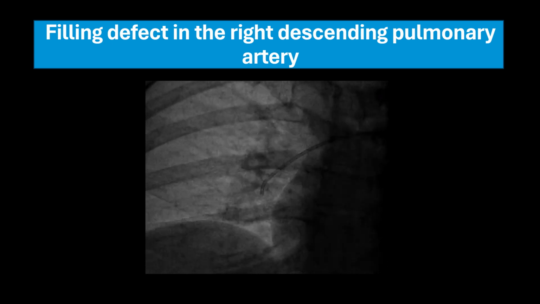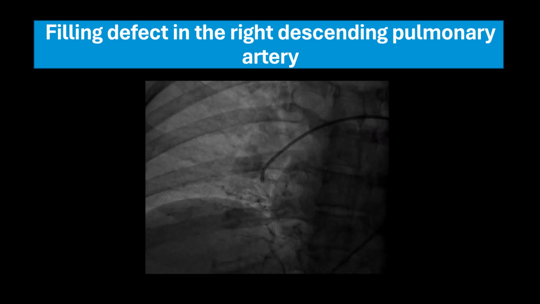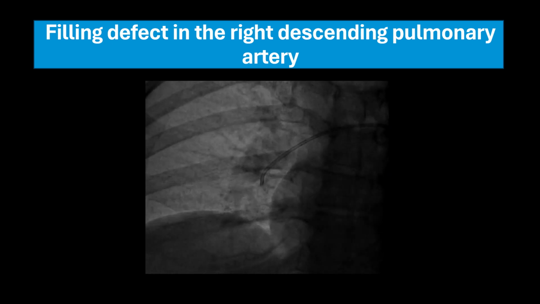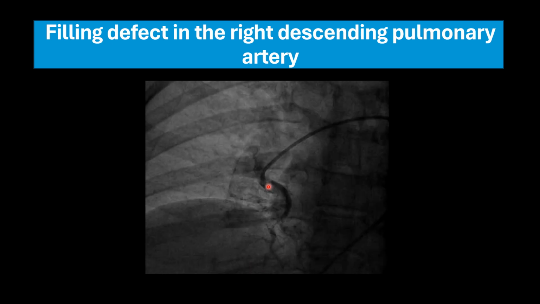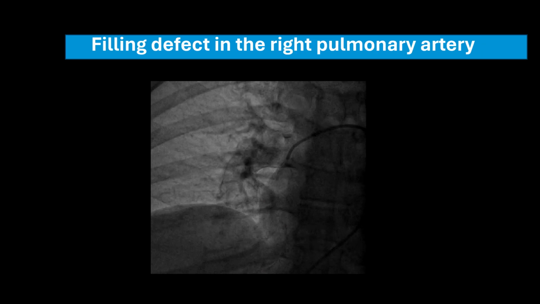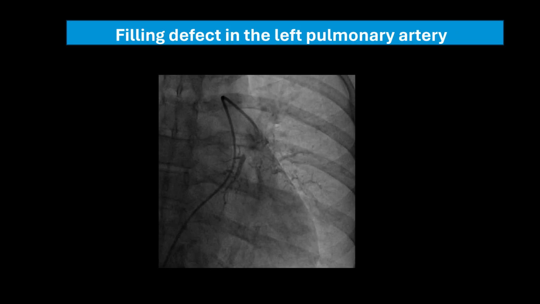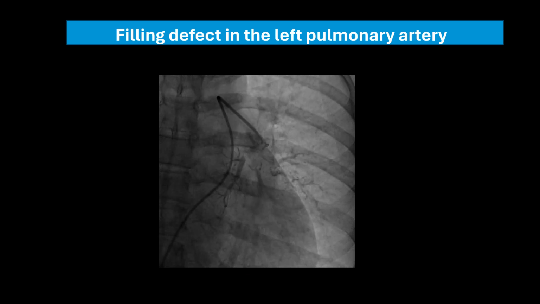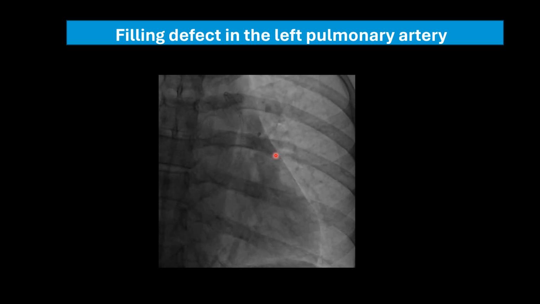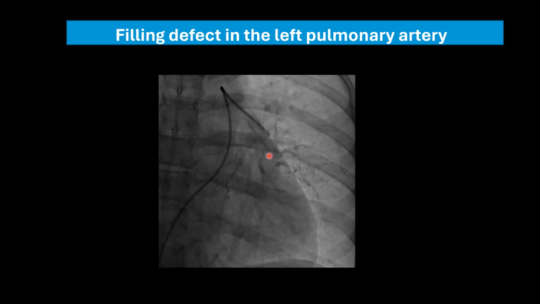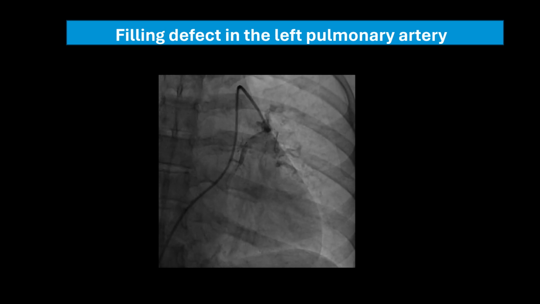So this is a right pulmonary artery angiogram. You can see this filling defect seen here. This is a filling defect which we are able to see in the descending pulmonary artery. Can you see the filling defect seen here? These are the normal branches.